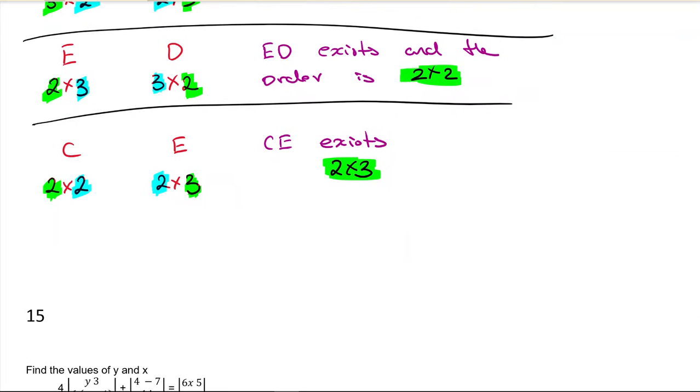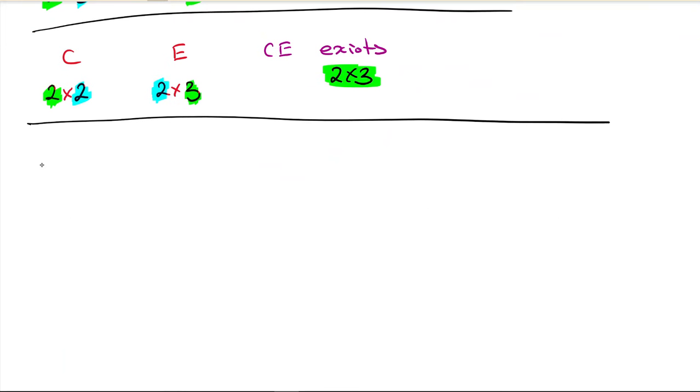I'll try EC. So this one's straightforward. We can see the number of columns in E does not match the rows in C, so this one does not exist.